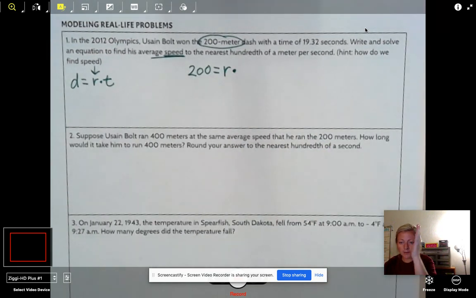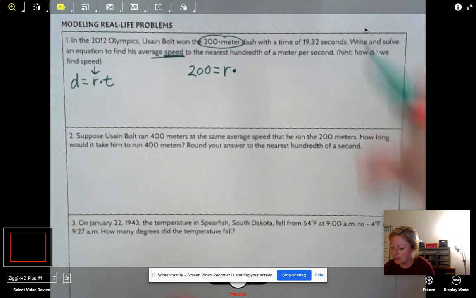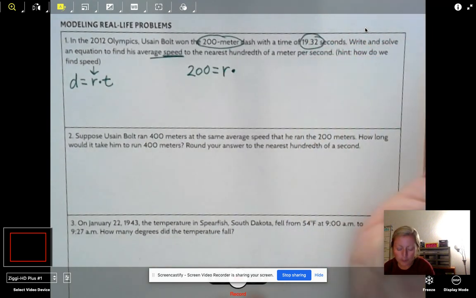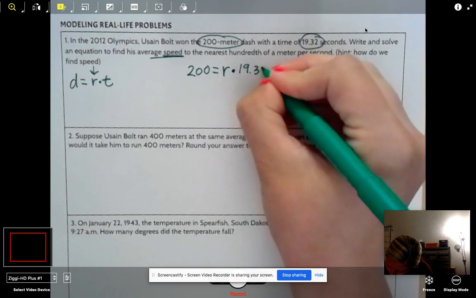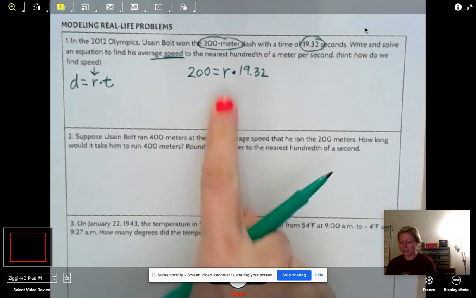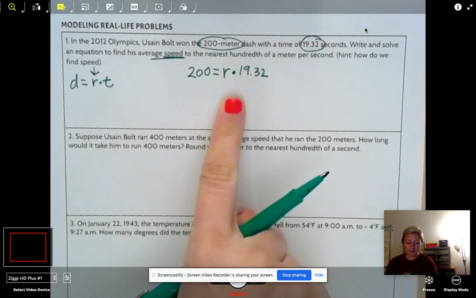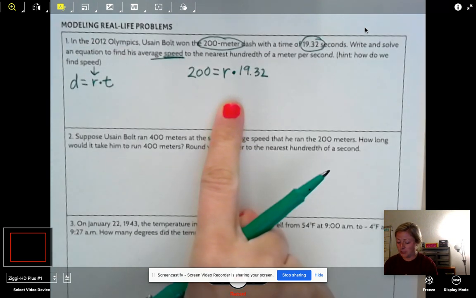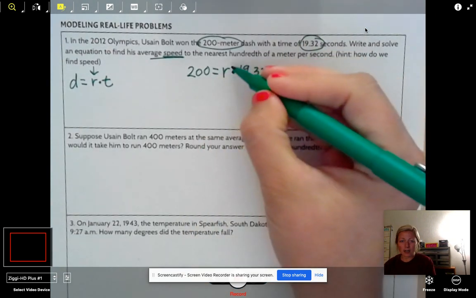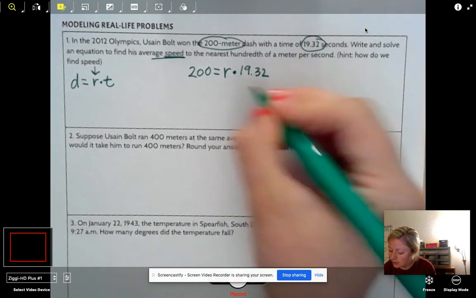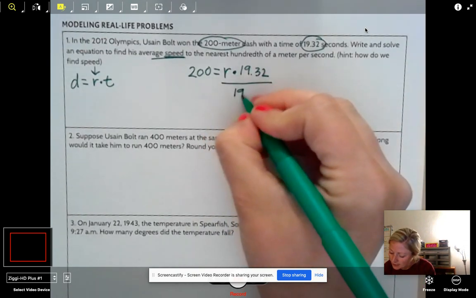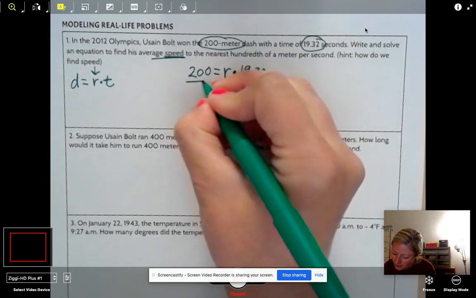How long did it take him from the start of the race to the end of the race? Well, they told us it was 19.32 seconds. So times 19.32. And now look, guys, this is the exact same problem that you had before, those other ones we just did. Our job is to get R alone. So how do I undo times by 19.32? Well, we divide by 19.32. Divide.